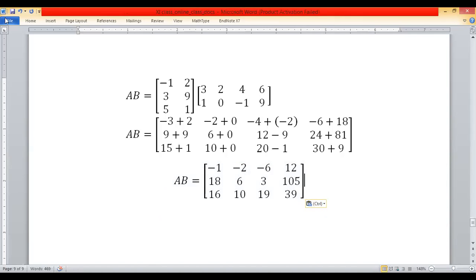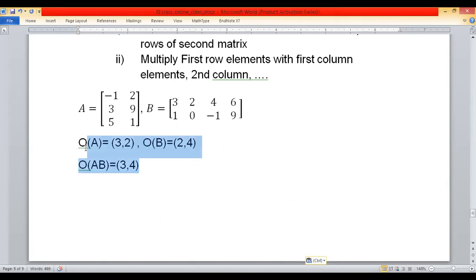So this is the final product of AB having 3 rows and 4 columns. You can see here.